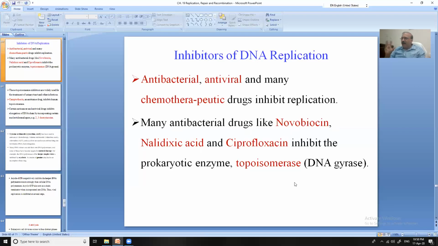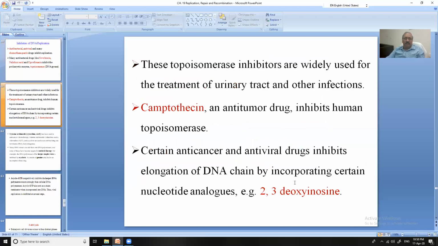You know, topoisomerase controls the supercoiling of the DNA.